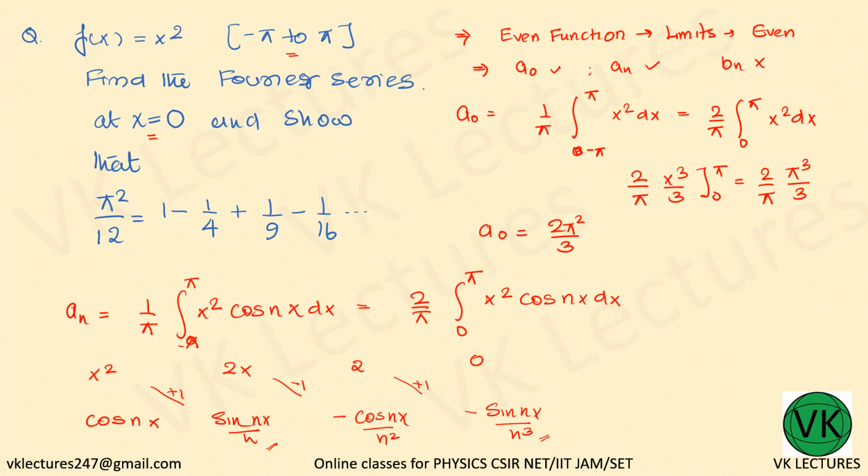So we have 2x into cos nx by n square, so it's 2x into cos nx divided by n square, evaluated from 0 to pi, and the lower limit is again 0 here.